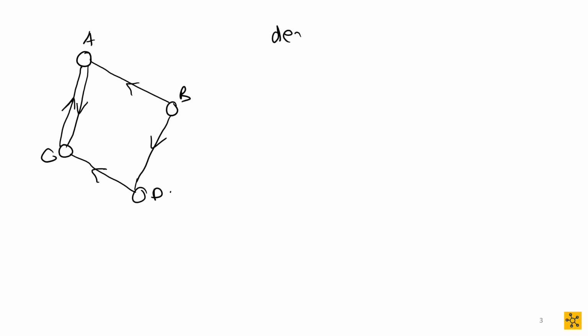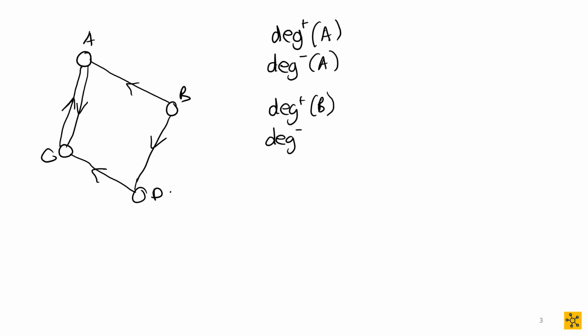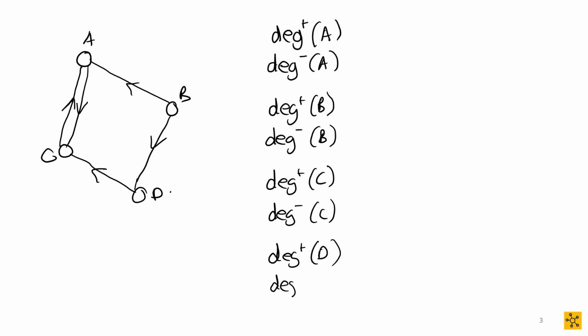So I'm going to have my degree plus of A, my degree minus of A, degree plus of B, degree minus of B, degree plus and minus of C, and degree plus and minus of D. Just remember your plus is the number of arcs radiating out of the vertex.